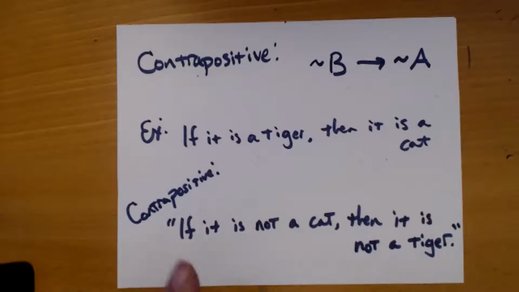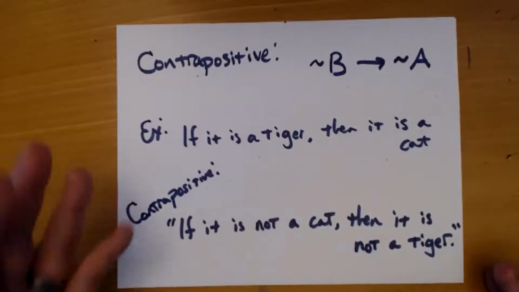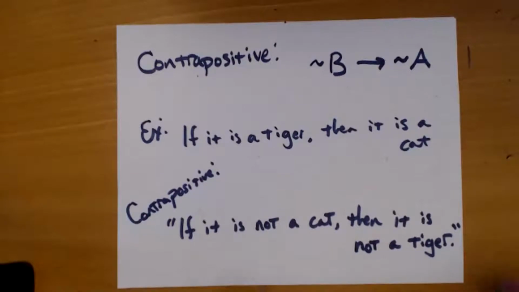I'm pointing at something over there. And it's not a cat. Well, if it's not a cat, it can't belong to any of the cat family, right? And since the tigers are in the cat family, and that's not a cat, then it can't be a tiger. Yeah, it's false.